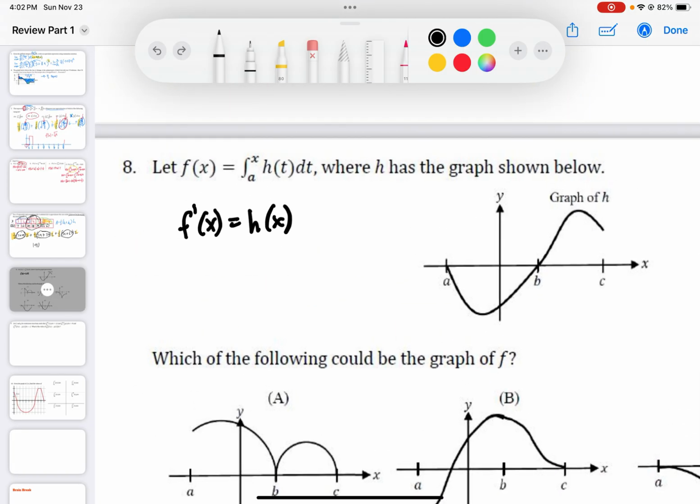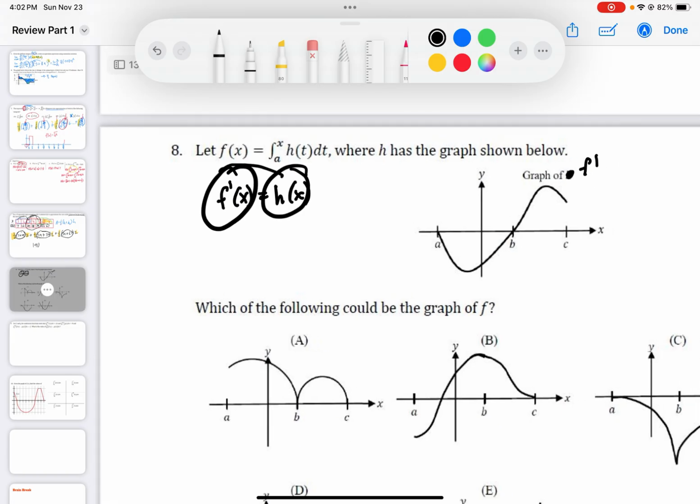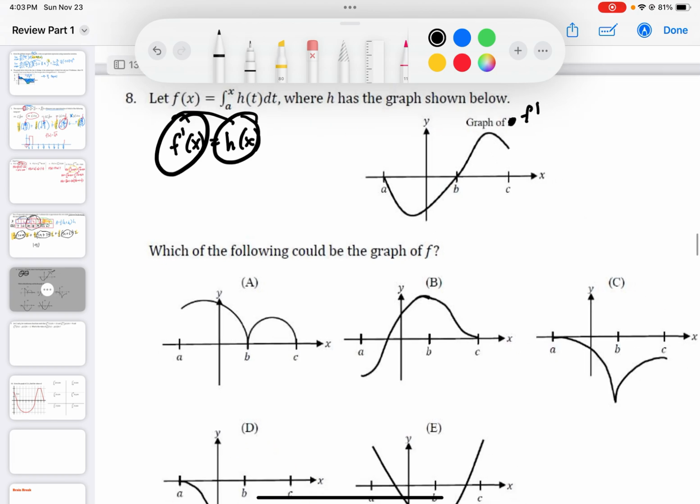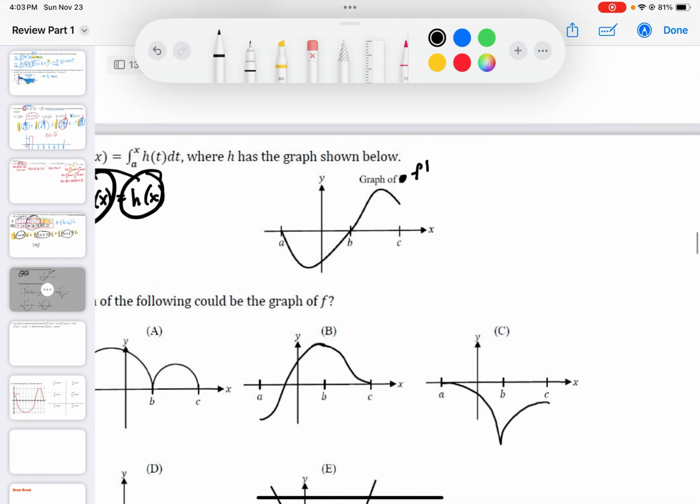So h is basically f prime. So I'm going to rewrite this as f prime, and now it's easier. If that's the derivative, what is the antiderivative? What could be the antiderivative? All right, so I noticed this has that kind of wave like this.